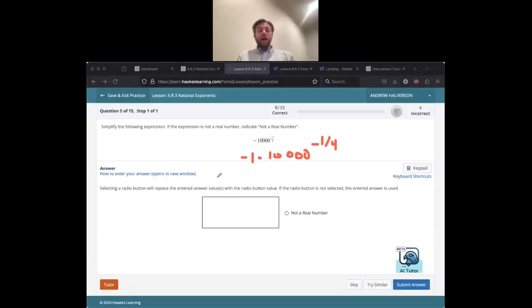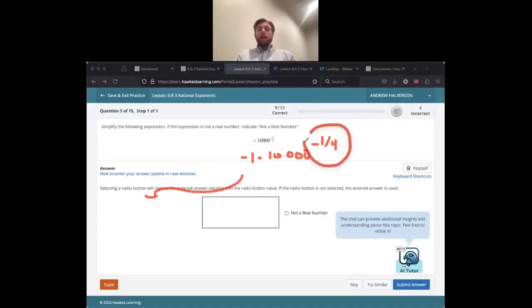Now I'm going to come down here. The negative 1/4 exponent, you apply the negative exponent rule, and this becomes negative 1 over 10,000 to the 1/4 exponent.